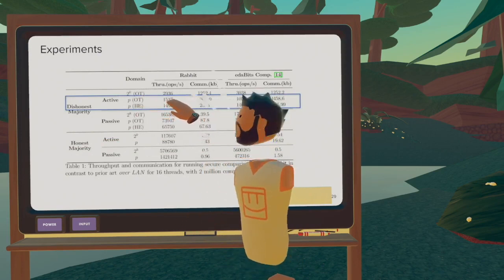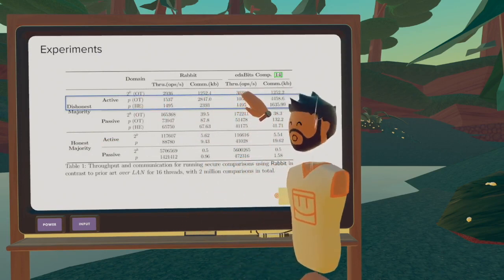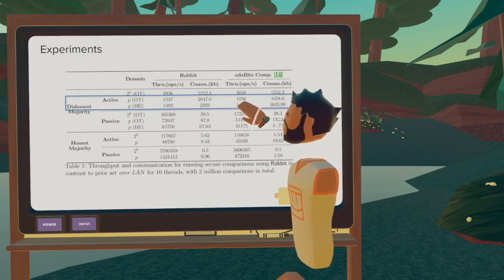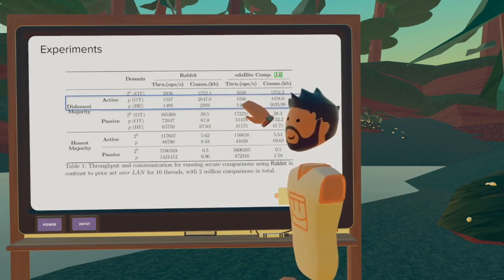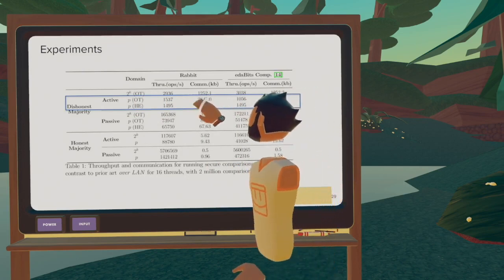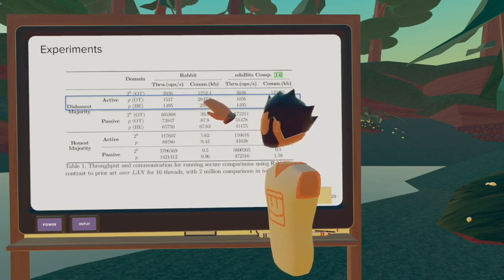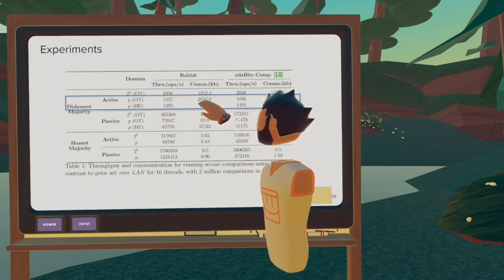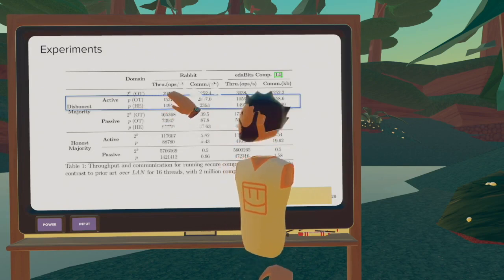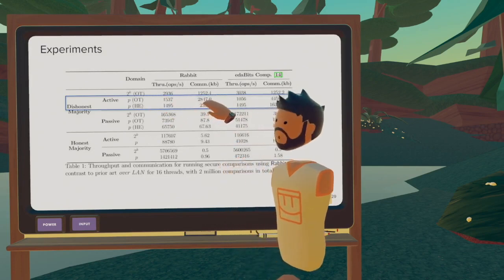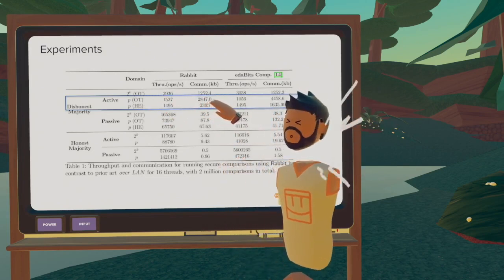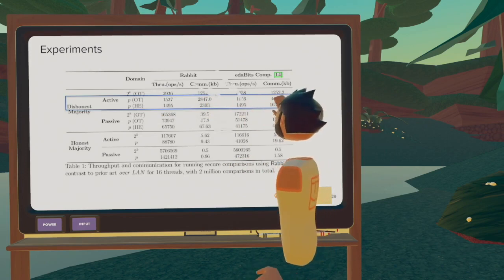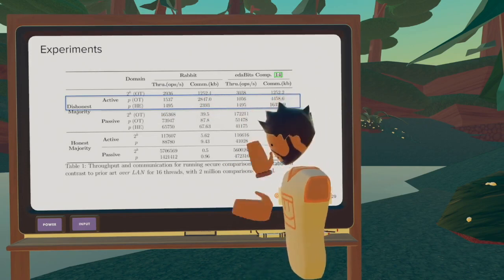But for the field case, we can see that for the OT case, the throughput is around 1,500, whereas for EDABIT, we get a throughput of 1,000 comparisons per second. So communication is also improved. Communication for this honest majority using OT is around 2,800 kilobits per comparison, whereas for EDABIT, it's around double.